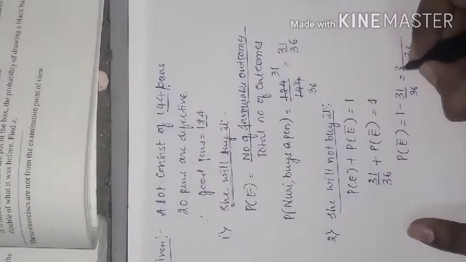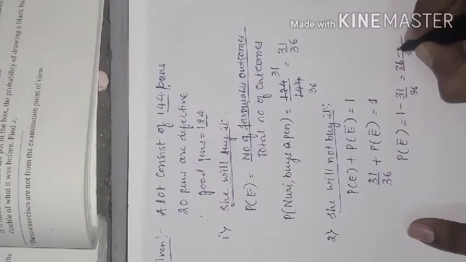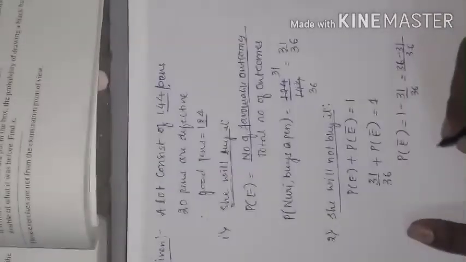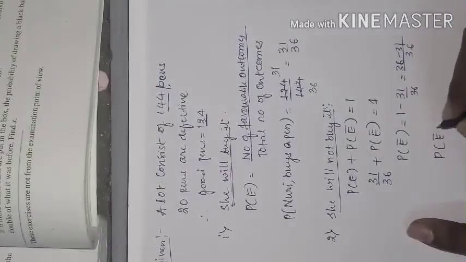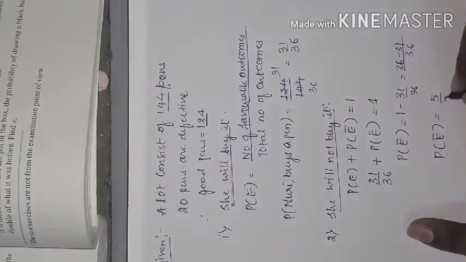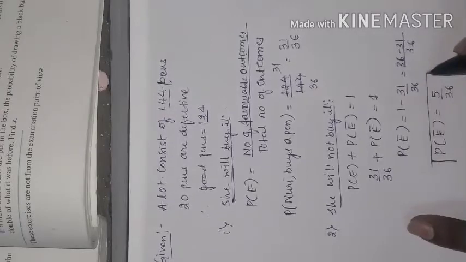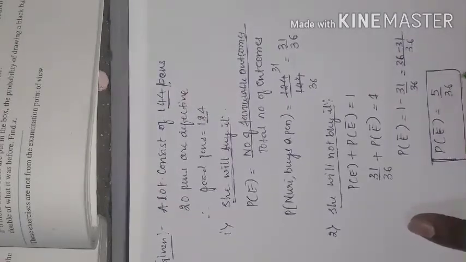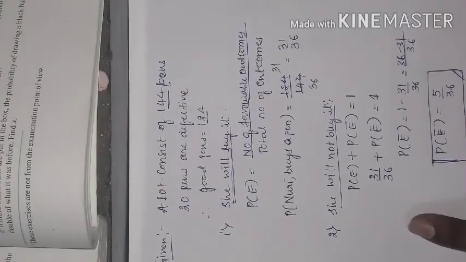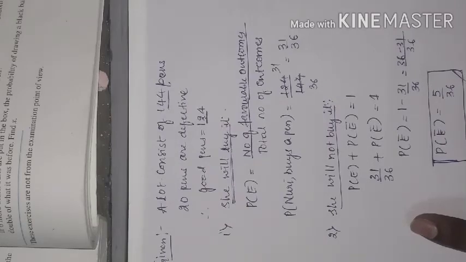So 36 minus 31. So the probability of not buying is equal to 5 divided by 36. Clear with this? I hope everyone understood this question. This is about the 21st question. Okay, thank you.